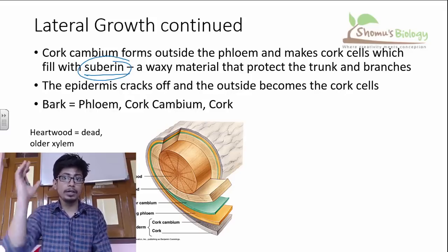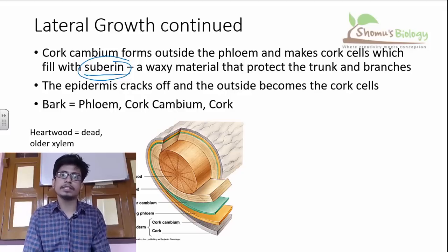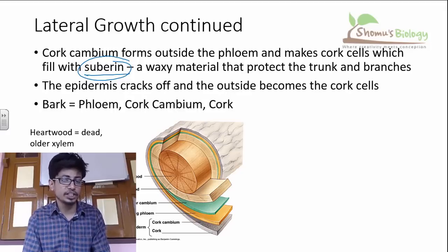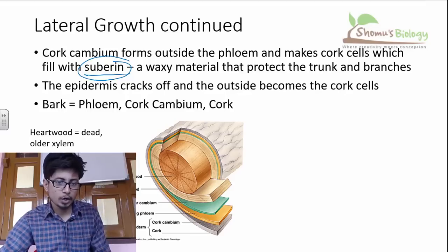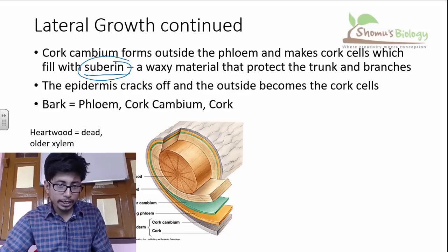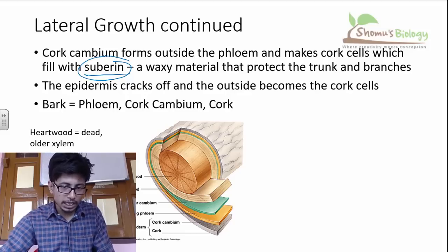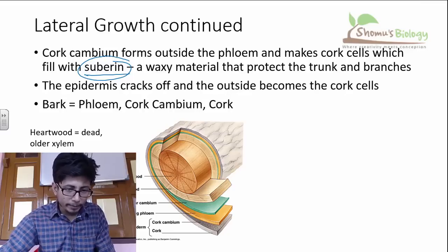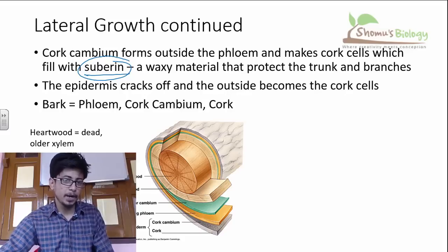If it rains and all, this is a waxy material for the prevention. So that's why you have a specialized cork cambium. So this is the cork cambium at the end, and after that we have a living phloem. After that we have a vascular cambium, then we have the sapwood, which contains the xylem part. Then we have the heart of the wood.